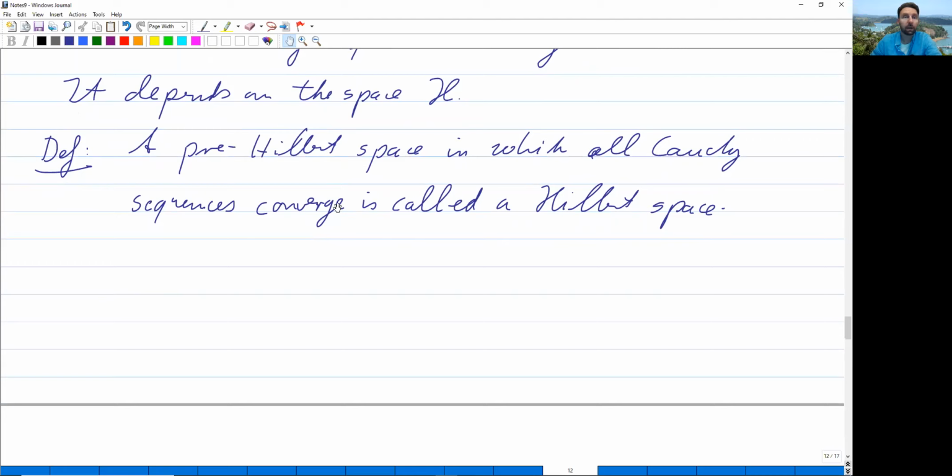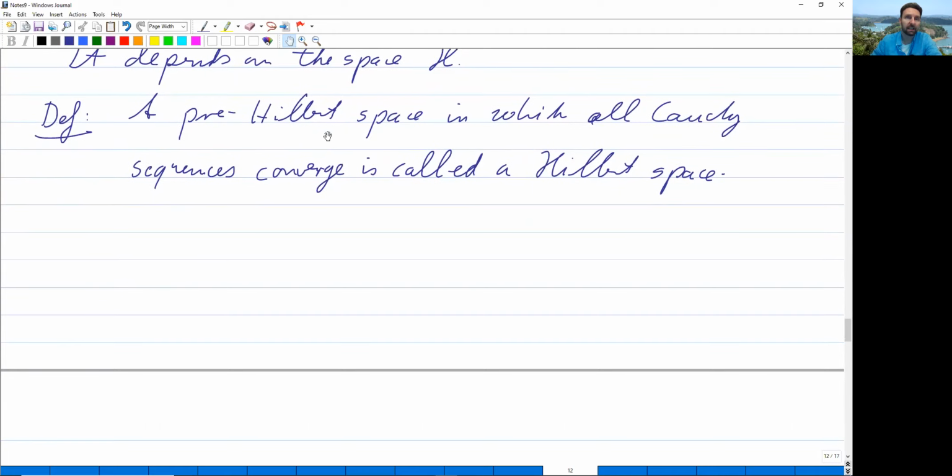All right, so let me give you a bit of intuition or just a reminder that you have seen this sort of thing happening before. Namely, recall, consider the set of rational numbers. So all fractions.